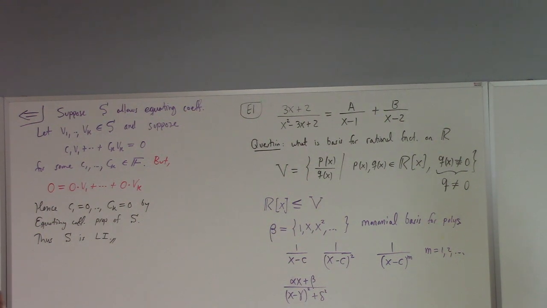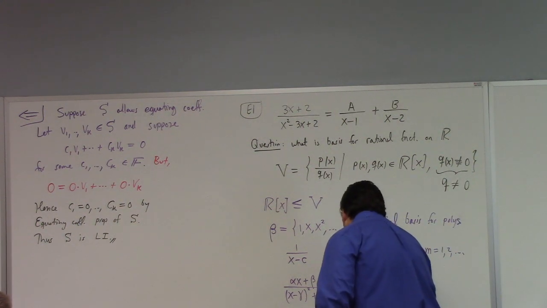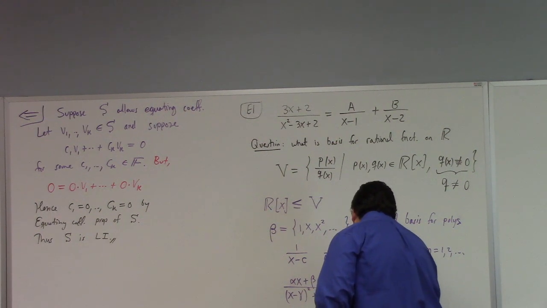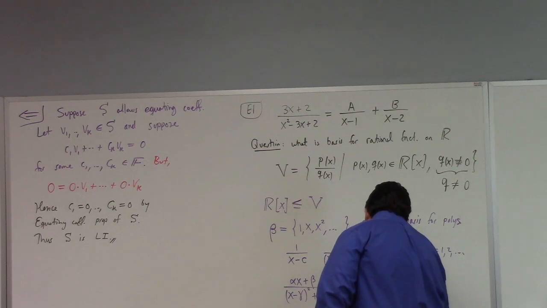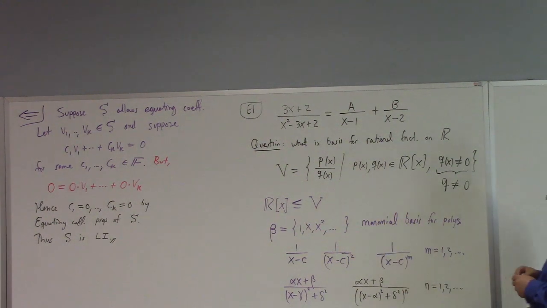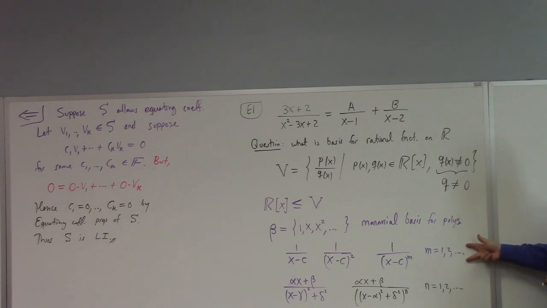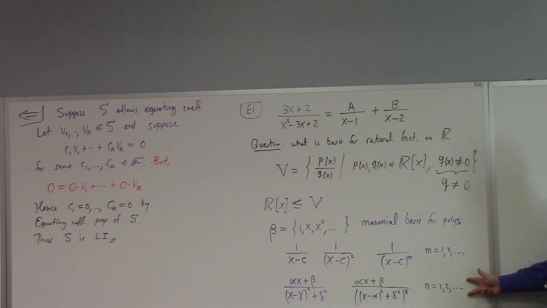And you won't find this in Stewart, probably, but in a real calculus book, you'd also find things like powers of these. I believe that if you took the union of these, as well as these, as well as those, that would suffice to give you a basis for rational functions.